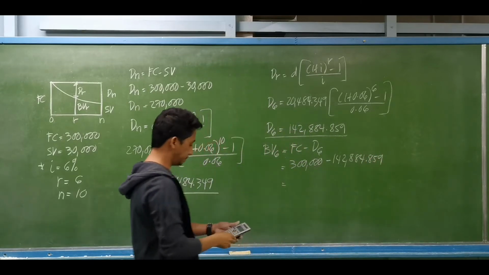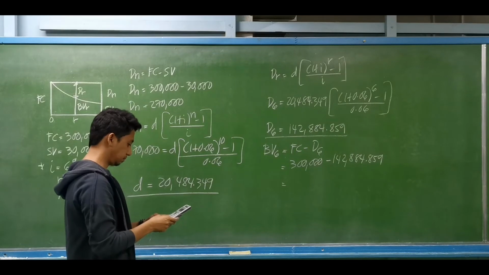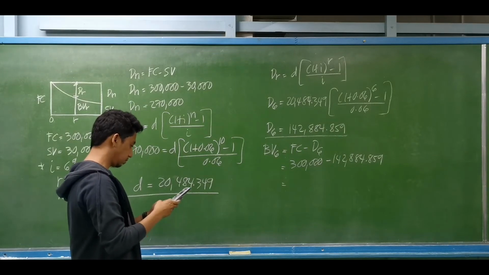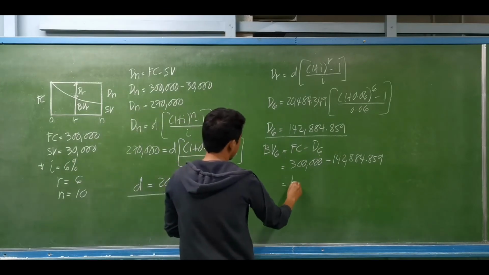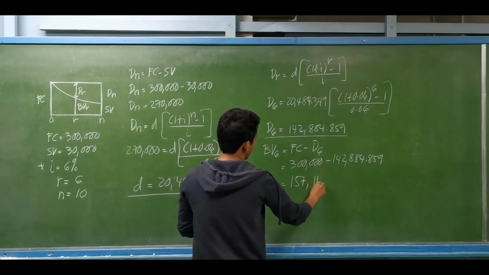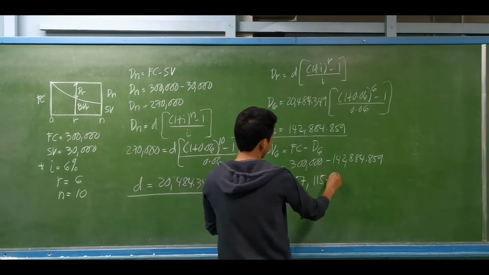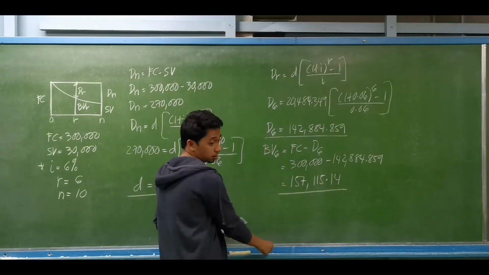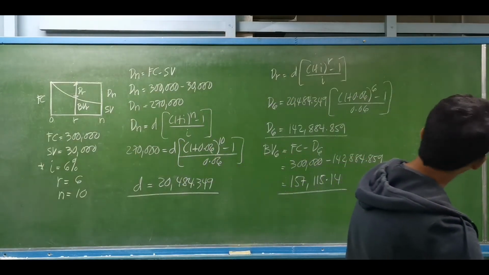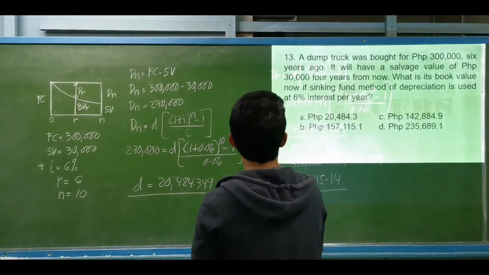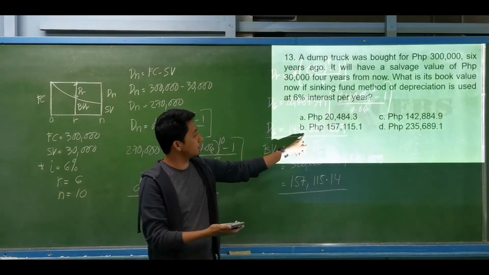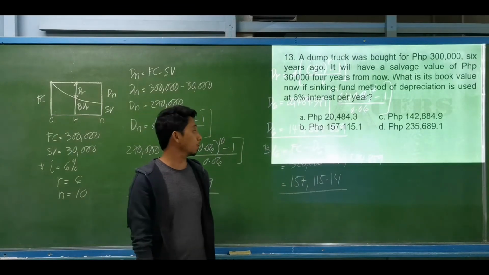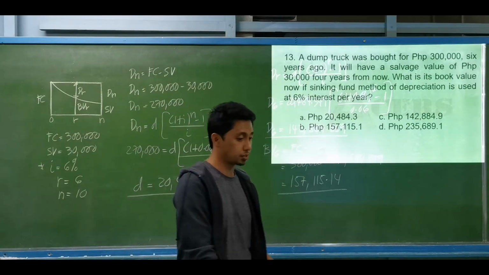We have the value equal to 157,115.14. Let's check our choices. The value in letter B is 157,115.1. Alright, that's our solution for this example.